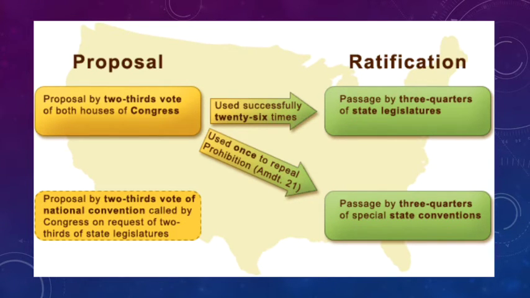Then you have to get it passed through 3/4 of the state legislatures or 3/4 of state conventions. It's not easy to change the Constitution, but it is certainly possible to do so, which is why we've had those 27 changes when we felt like we really needed to change the Constitution.